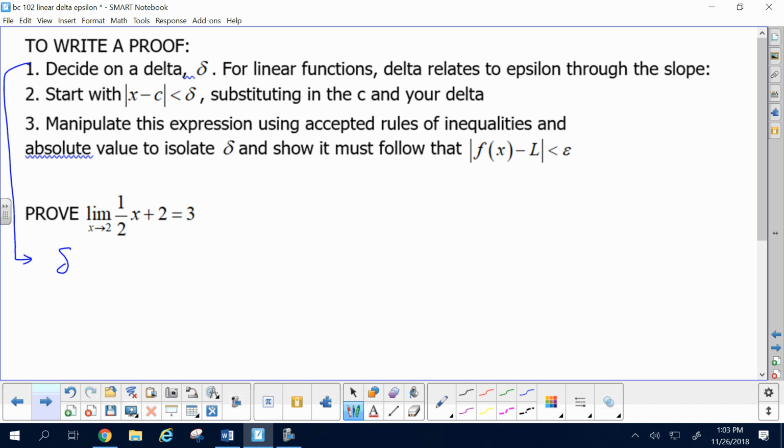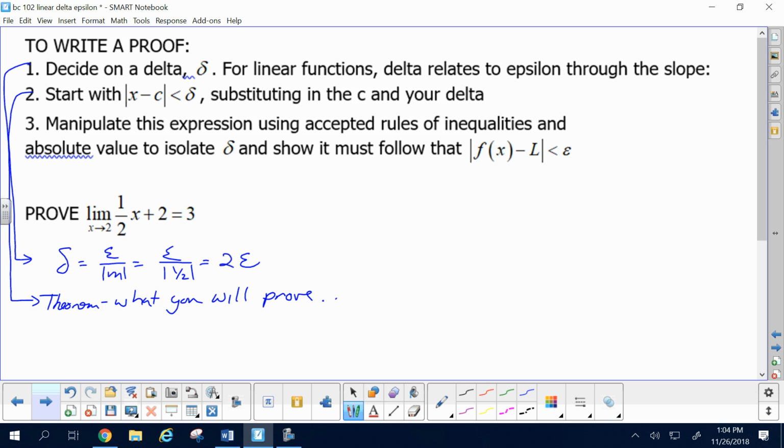In this case, delta, or how close I need to get around the 2, is epsilon over the slope's absolute value. In this case, epsilon over 1/2, or 2 epsilon, yeah? You then think of it like writing the theorem, or what you're going to prove.